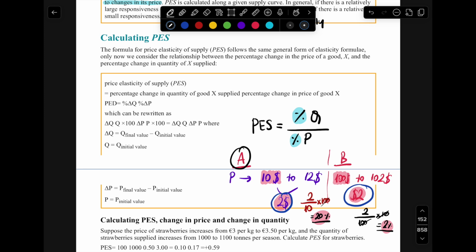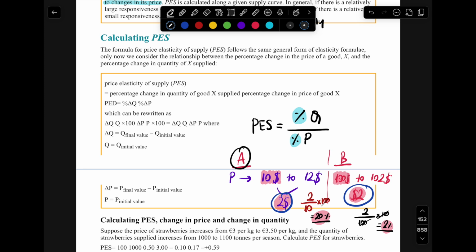So now let's compare two examples. First example, example A, could be that the price increased from $10 to $12, and that's a $2 increase. And example B, price increase from $100 to $102.